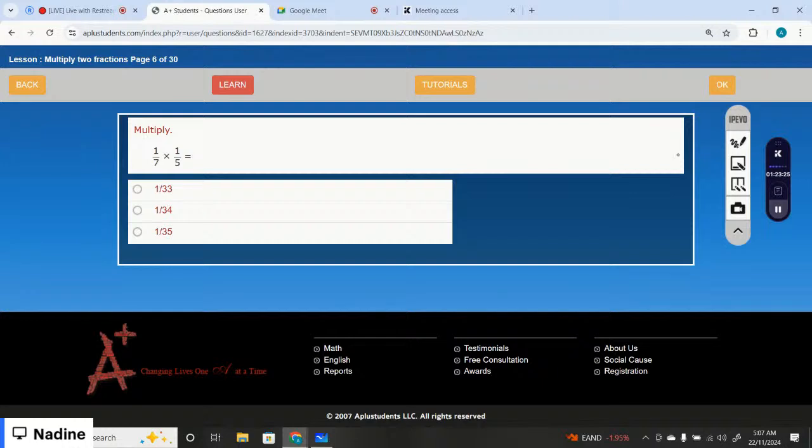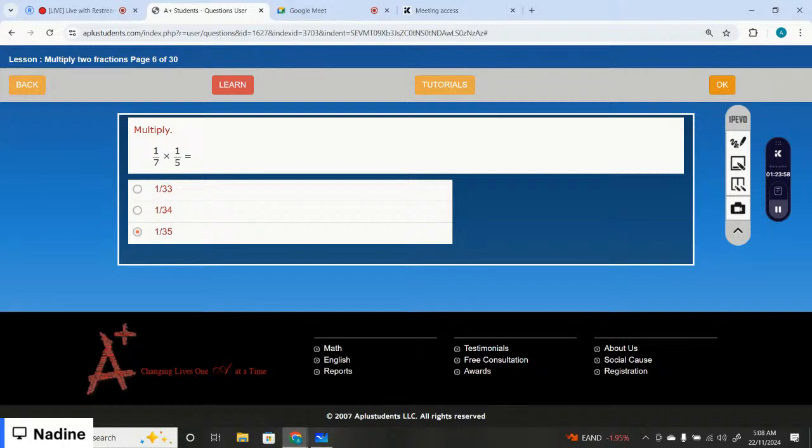1 by 7 times 1 by 5. So, which is the correct option? That is 1 over 35. Option number 3 is the correct option.